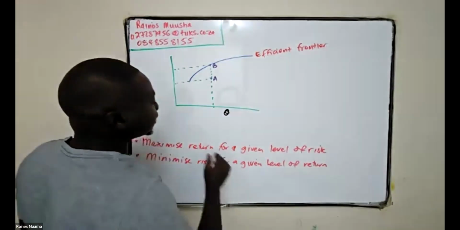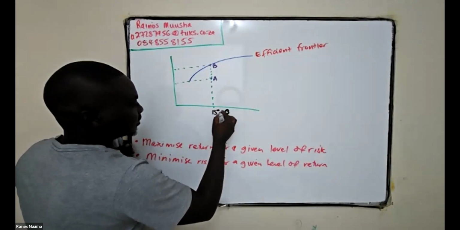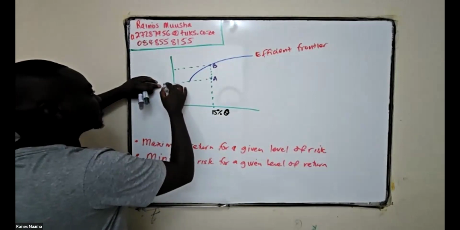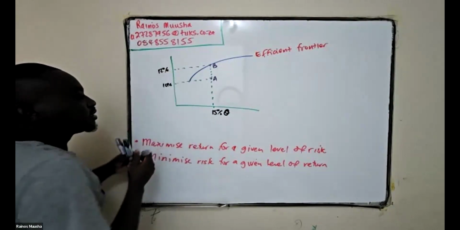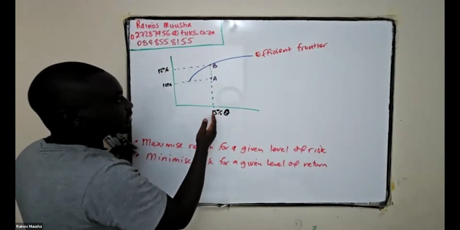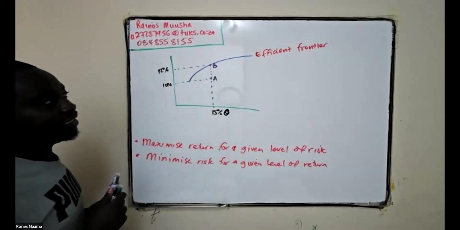If your standard deviation is, let's say, 15%, we're basically saying that A gives you a return of 10% and B gives you a return of 12%, which means for the same risk exposure, you are better off investing in B than in A, isn't it?